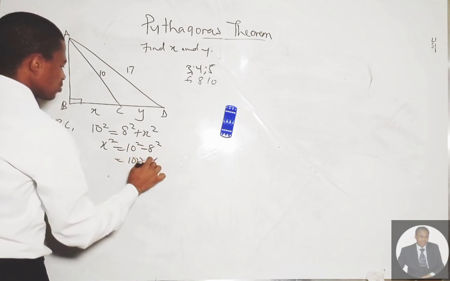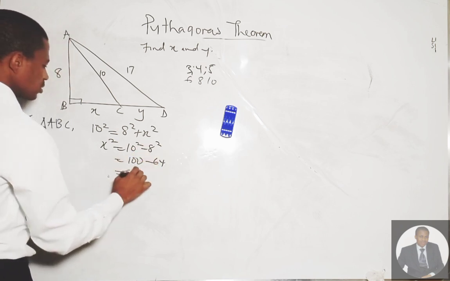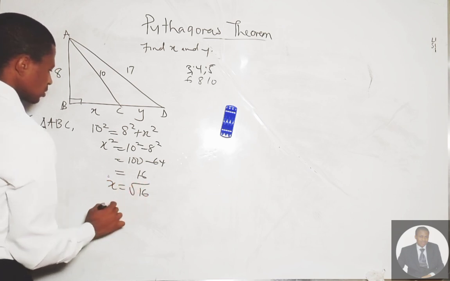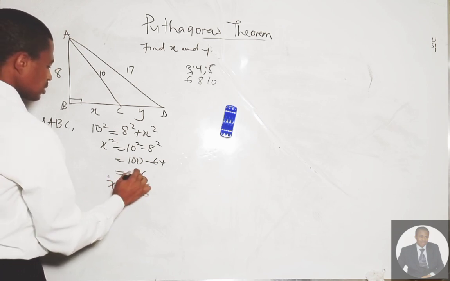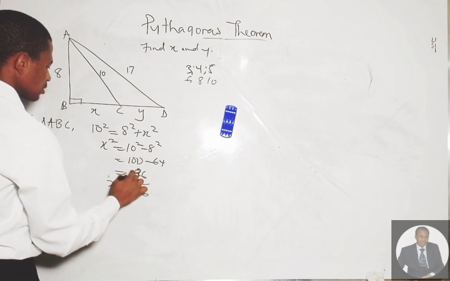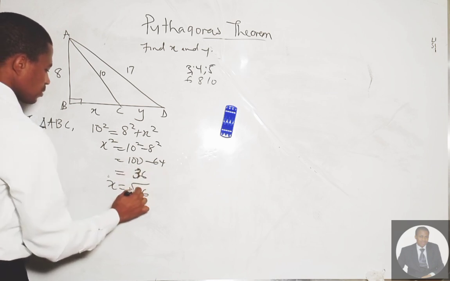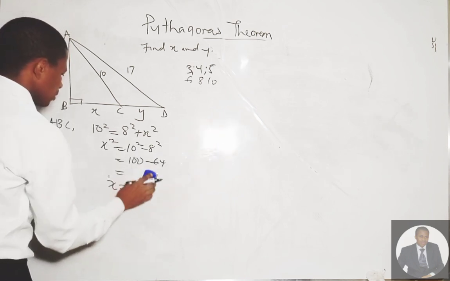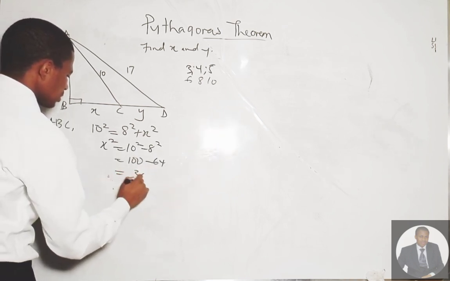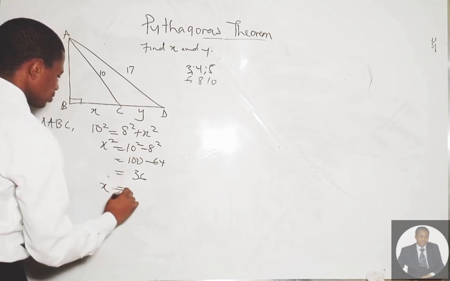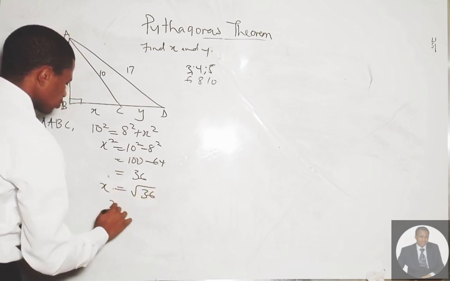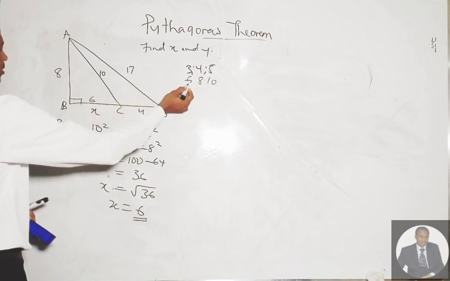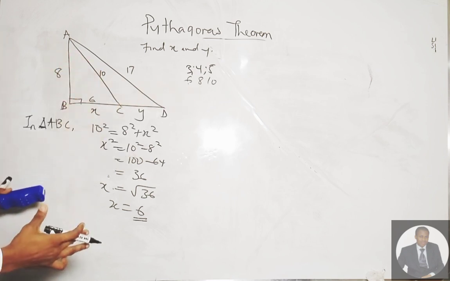That's 100 minus 64, that will be 36. So x will be the square root of 36, which gives us 6. So this will be 6, like we said, Pythagorean triple.